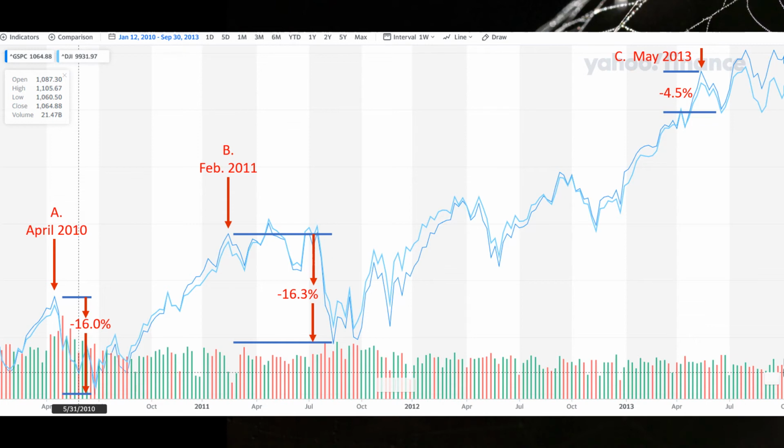After the February 2011 positive trend peak, the S&P declined 16.3%. After the May 2013 positive trend peak, the S&P declined just 4.5%. After the January 2021 peak, the S&P declined 4.5%, while the NASDAQ declined 10.5%.